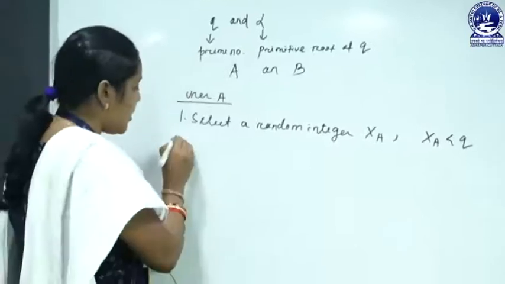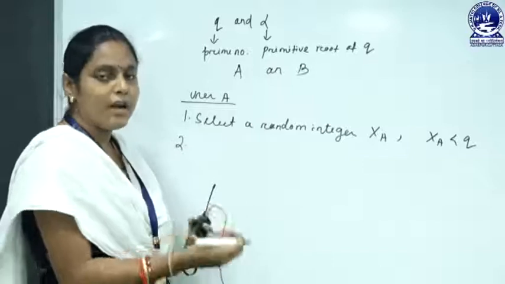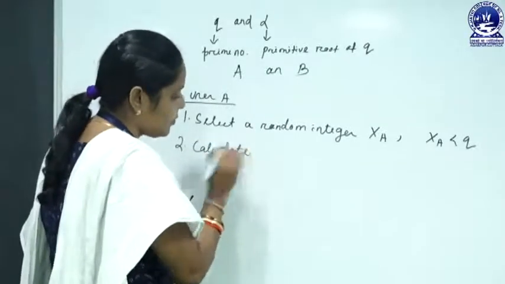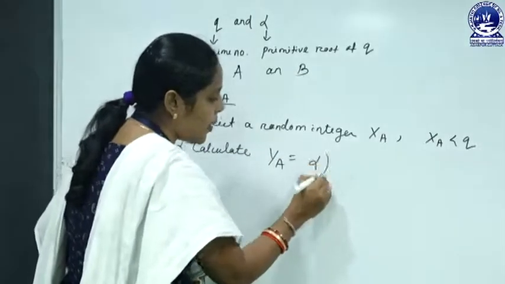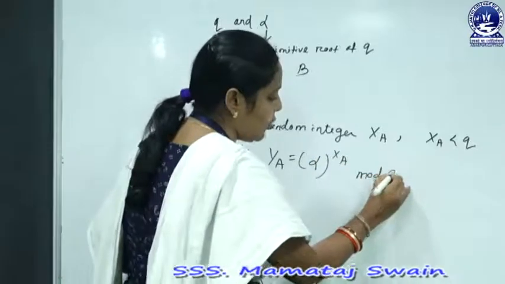In the next step, user A calculates ya, which is equal to alpha to the power xa mod q.